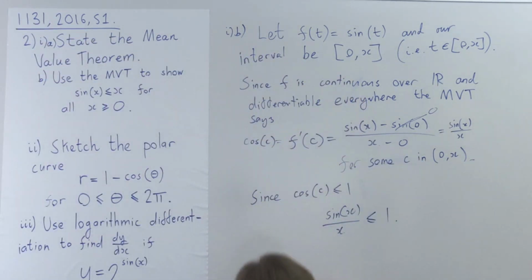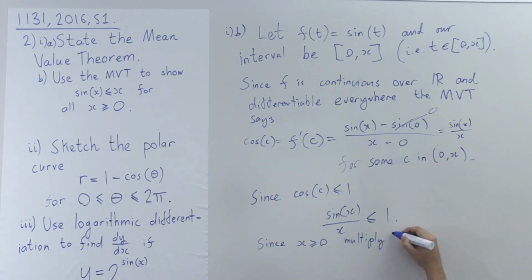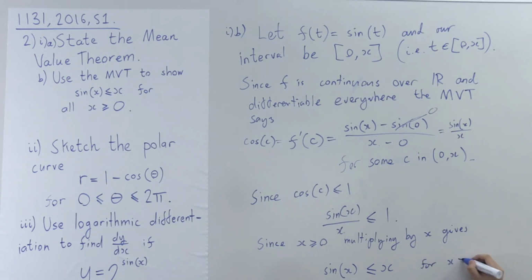So because x is a positive number, multiplying by x gives us that the sine of x is less than or equal to x, and that's only for x greater than or equal to 0.